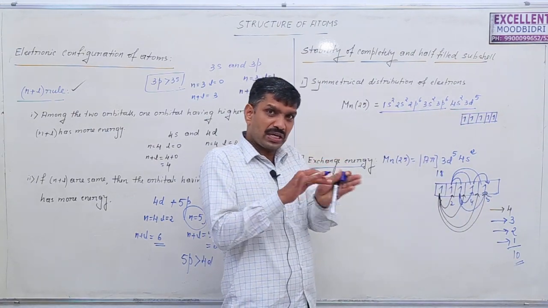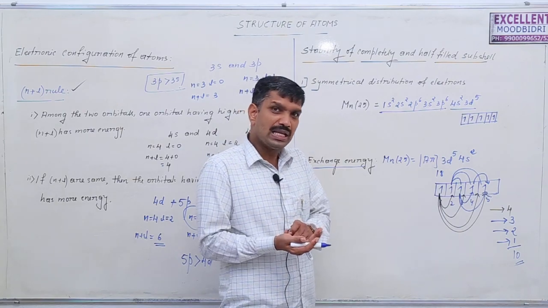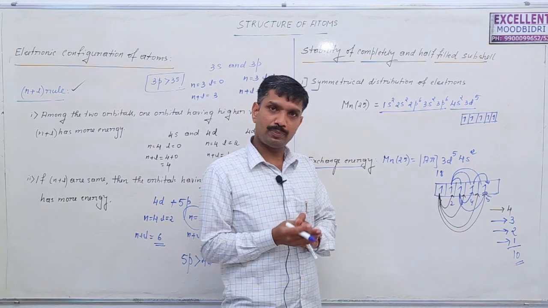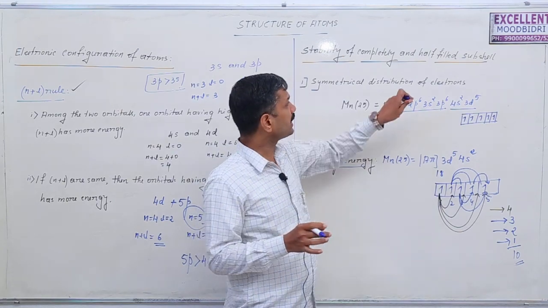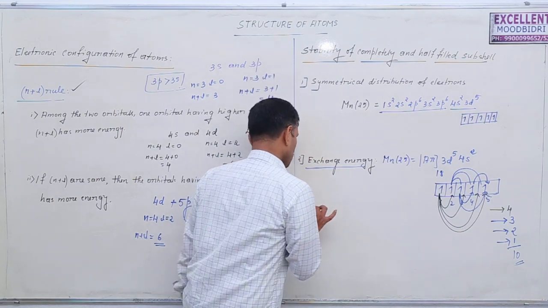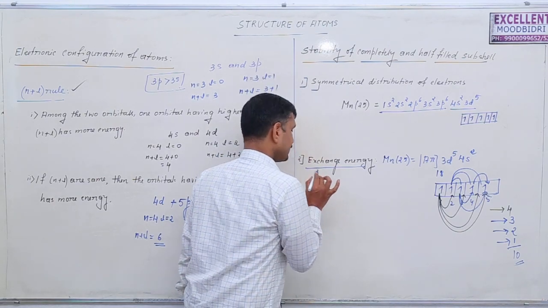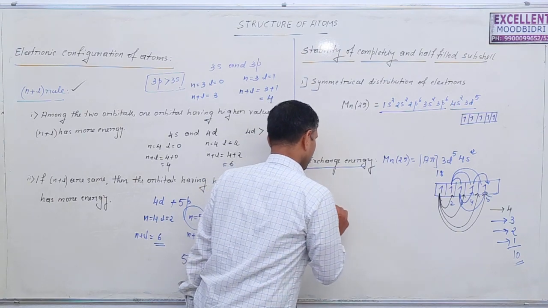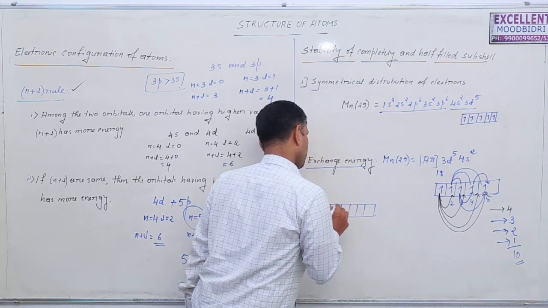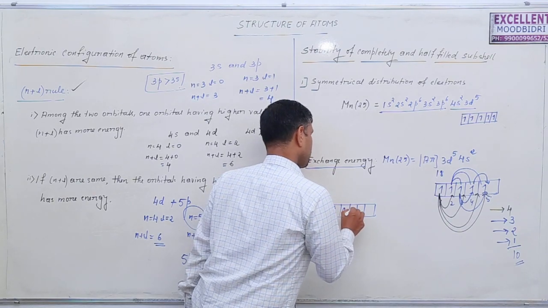During this exchange, the pairing of electrons, some amount of energy is liberated. This is called exchange energy. Maximum exchange energy is possible if orbitals are half filled or completely filled. Suppose you consider a d3 system. d3 means there are 3 electrons present in the d orbital. 1, 2, 3 are present.